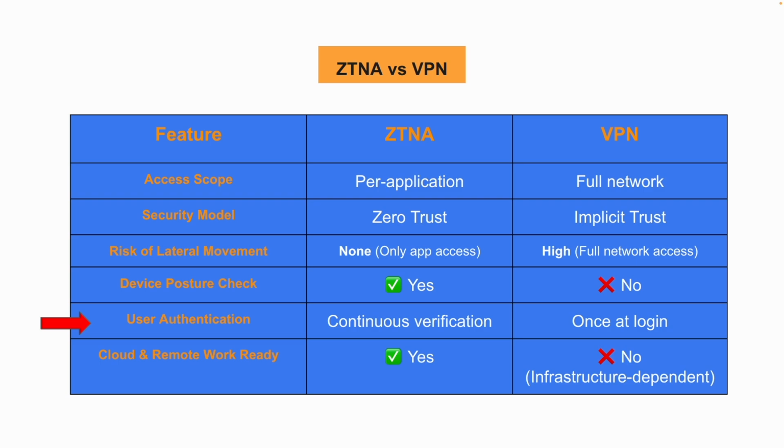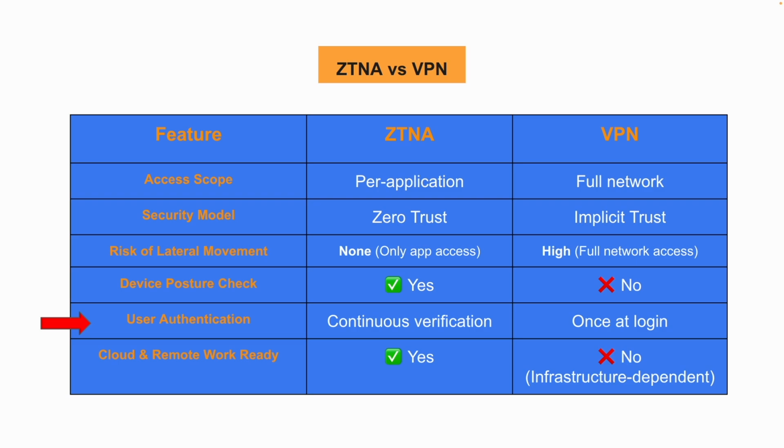ZTNA implements strong continuous verification based on the principle of never trust, always verify. It uses MFA, multi-factor authentication, adaptive authentication, and context-aware access policies to ensure that only authorized users can access specific applications.